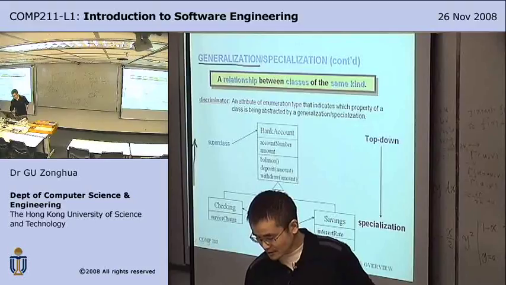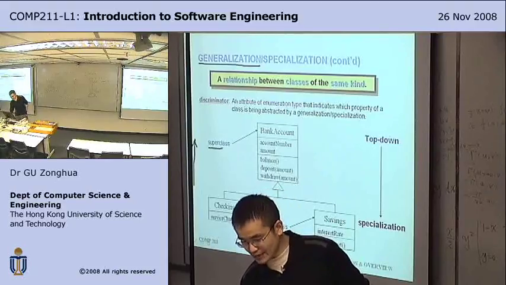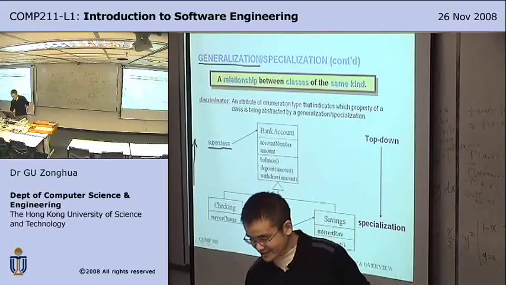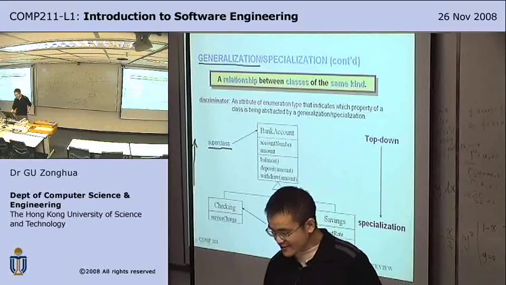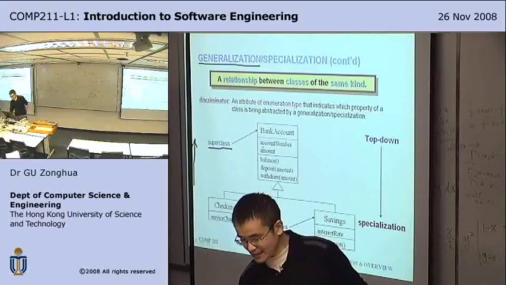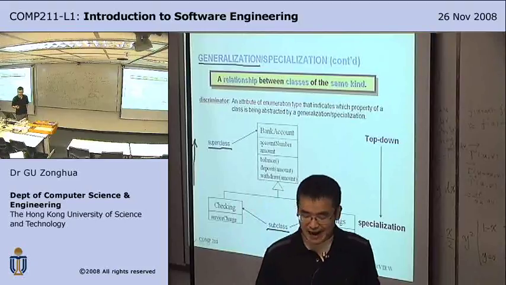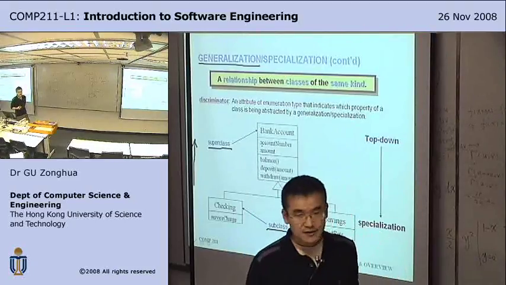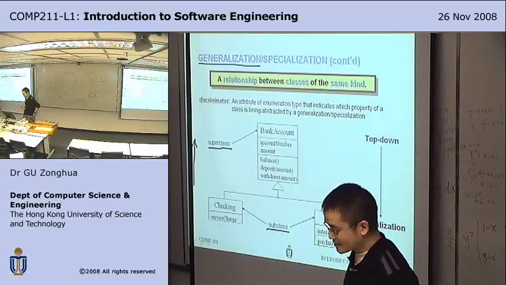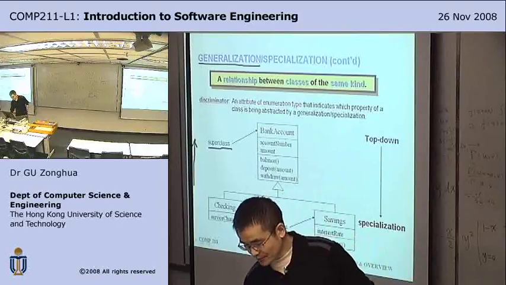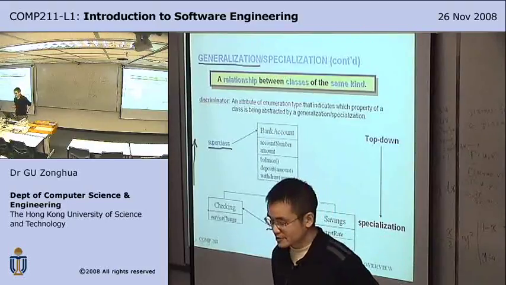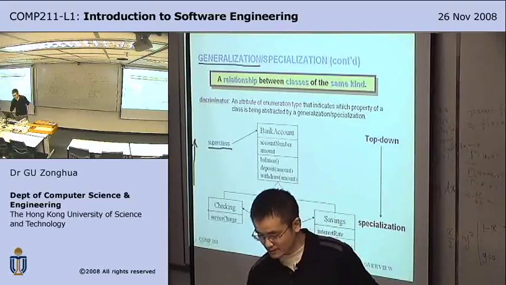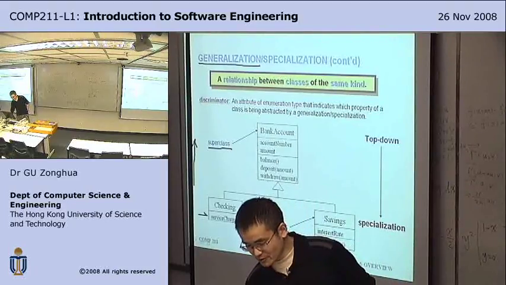So here you have a superclass, also called a base class, and a subclass, also called a child class. Everything in the superclass, all the attributes and operations, is inherited by the subclass. So checking has 3 attributes and 3 operations, even though it only shows 1 within its own compartment.